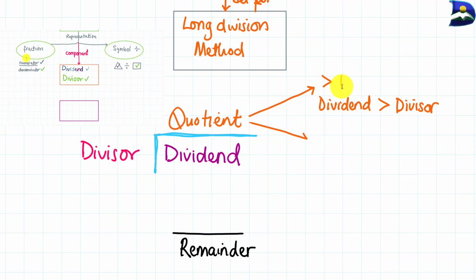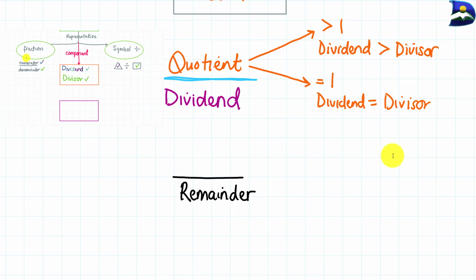Next, when your quotient is equal to 1, it means that we have our dividend equal to what? Equal to our divisor. And what that means is that for our fraction, we have a whole number, or our numerator is equal to our denominator. And then finally, when your quotient is between 0 and 1, but not equal to 0 and not equal to 1, it means that our dividend is what?